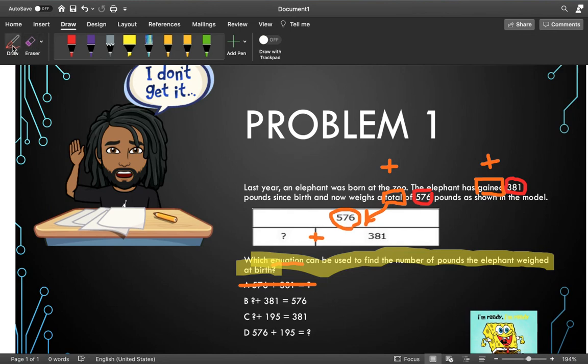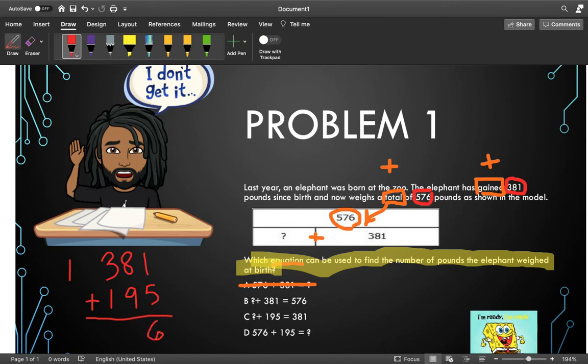All right, so we're going to do 381 plus 195, and it should come up with 576. If this is correct, then we have found the right equation. All right, so 1 plus 5 is 6.